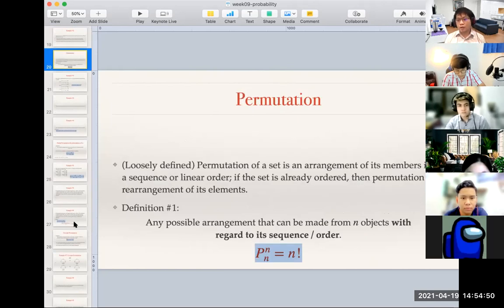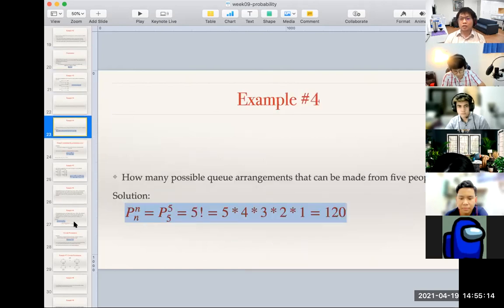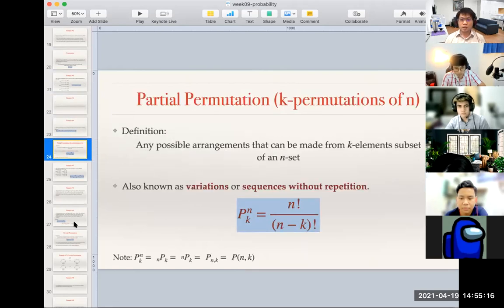But if you need to make arrangements with only some elements of that group, not the whole set, it means a partial permutation. Then you can go directly to the partial permutation.